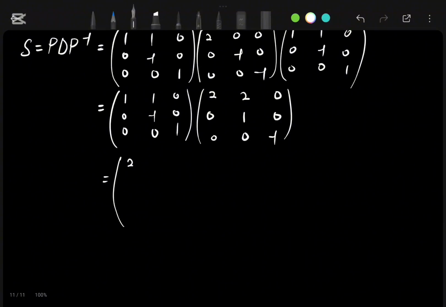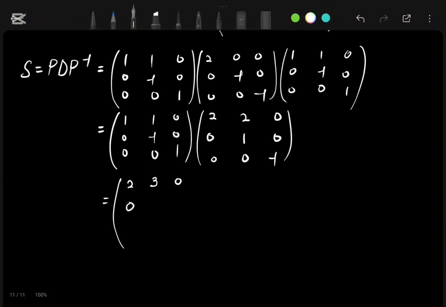We have 2, 3, 0, 0, minus 1, 0, 0, 0, minus 1. So this is our S.